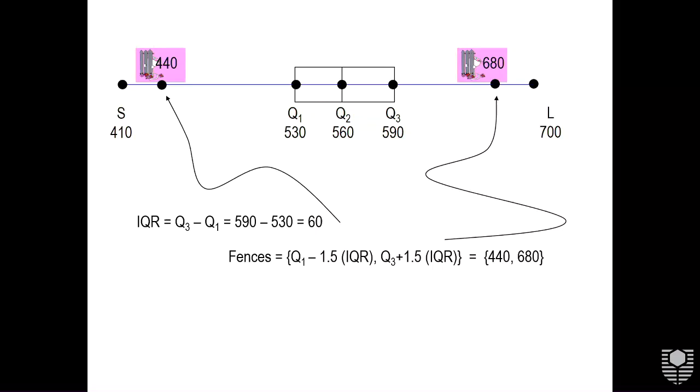That's from the calculations in here, which is 1.5 times 60, the interquartile range. Same for this one, 680 is equal to 530 plus 60, the interquartile range, because it is the largest, right?